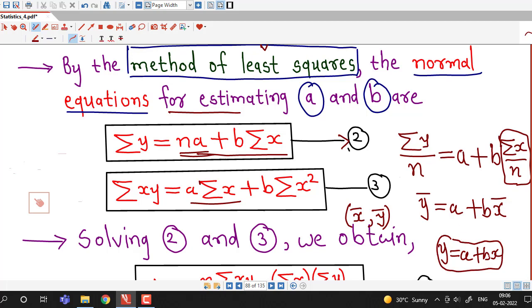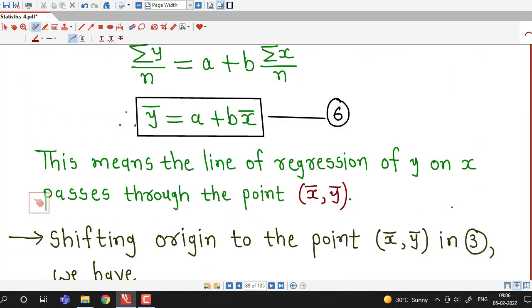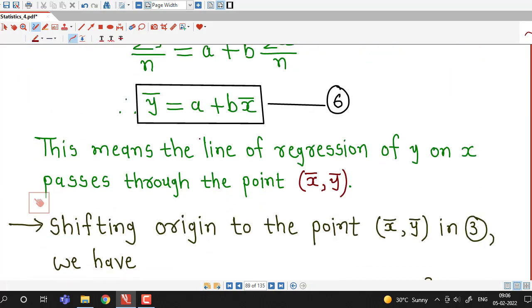If we put y equal to y bar and x equal to x bar, the equation is satisfied, as we obtained from equation 2. That shows that the point x bar, y bar lies on the line of regression of y on x.